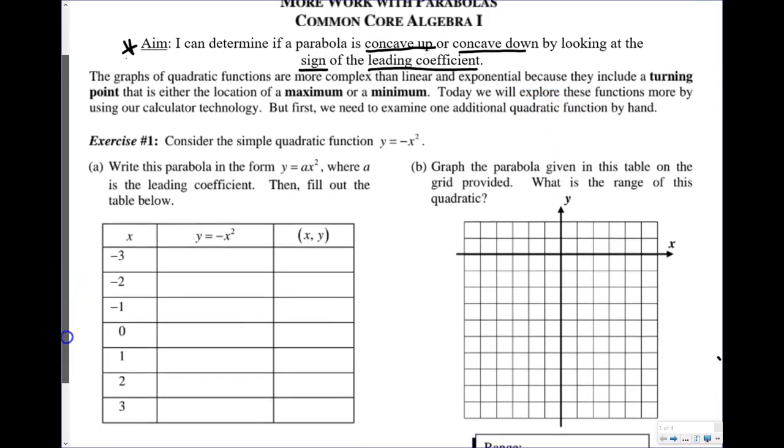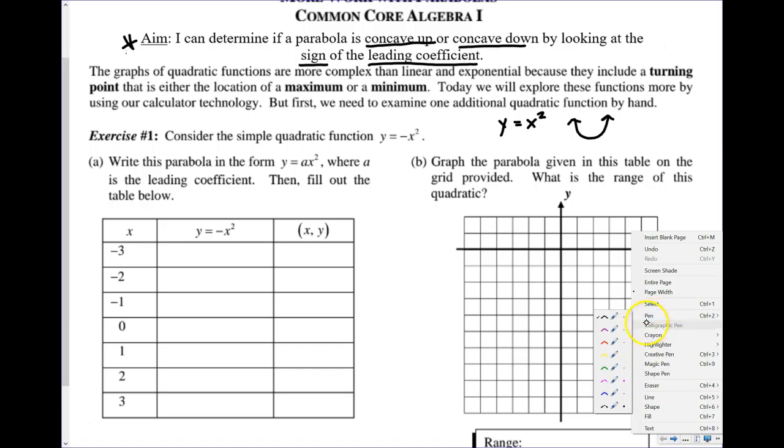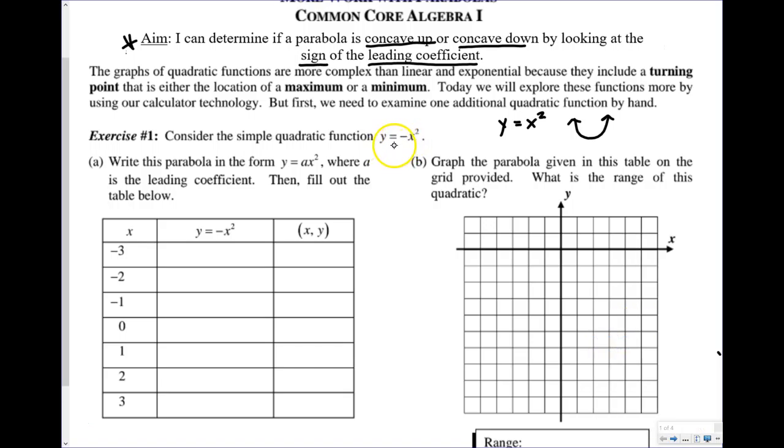So in the last lesson we looked at the function y equals x squared. And that function looked like this, okay? Well, now we're going to talk about this function, and the only difference is that it has a negative. So y equals negative x squared. Letter A says, write this parabola in the form y equals ax squared, where a is the leading coefficient, and then fill out the table below.